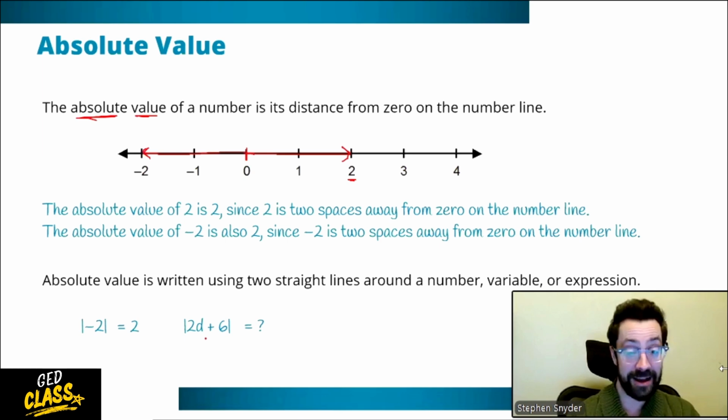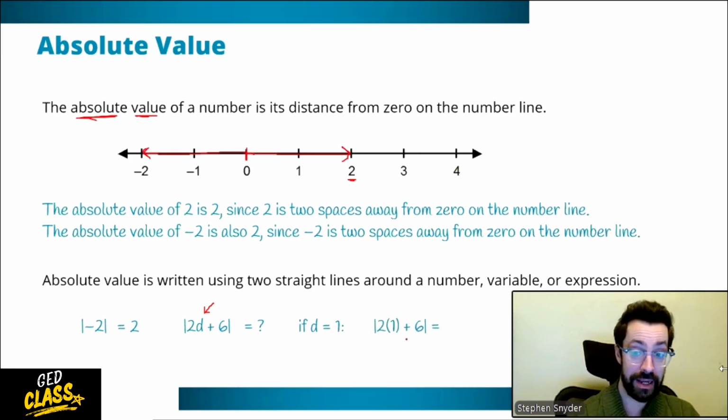Now, this is not algebra class, so you will have to deal with how to solve for D if you had something on the other side in algebra. But for number sense, what they're generally going to do is just make you plug something in for this variable. For example, if they say D equals 1, you just plug that in, and you have 2 times 1 is 2, plus 6, 2 plus 6 is 8, and it's positive. Not too complicated.